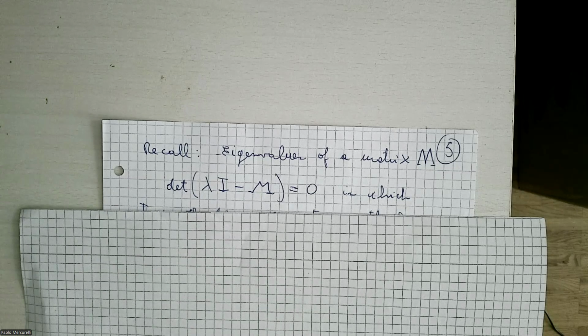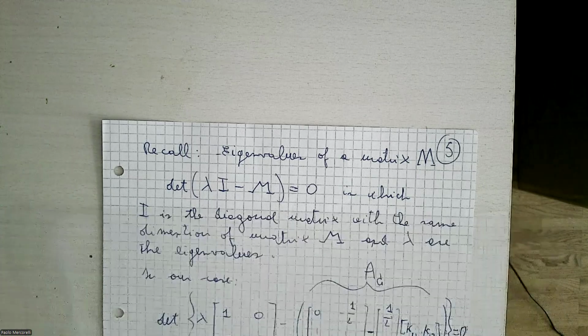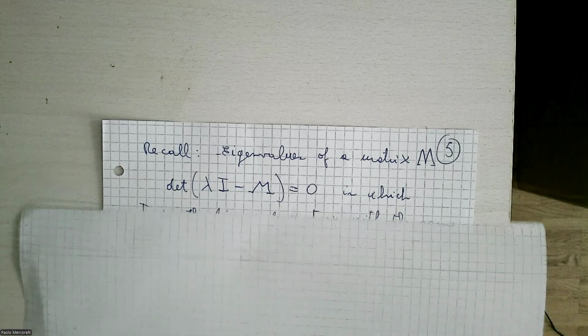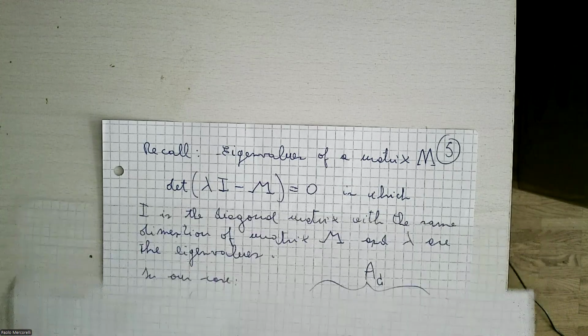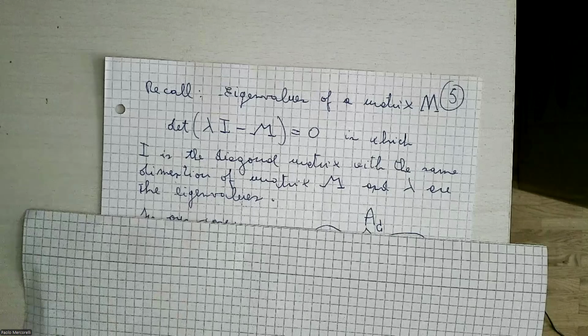I don't have time to demonstrate the validity of this equation, but in any case, using this condition, I can calculate the eigenvalues of the matrix M. In our case, I can show you how I can use this condition. On a given matrix M, I can calculate its eigenvalues using this identity.